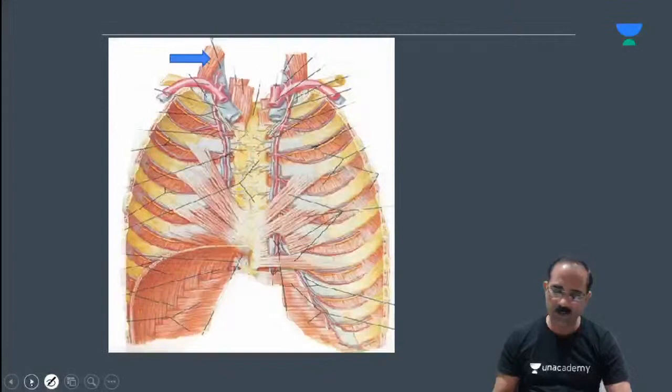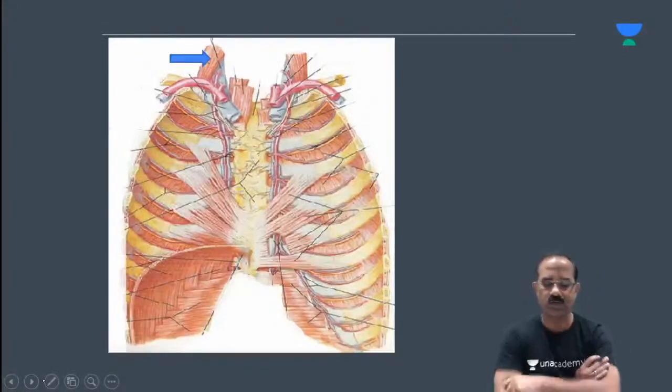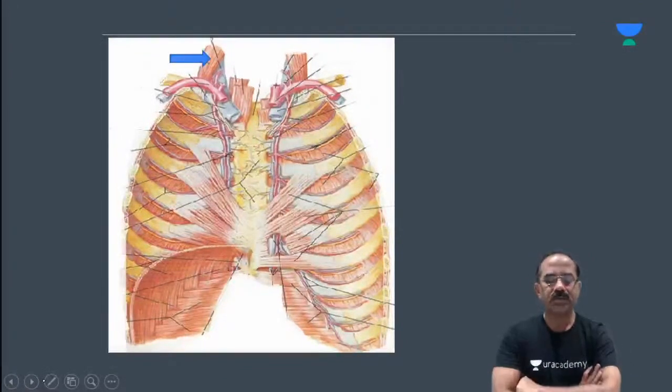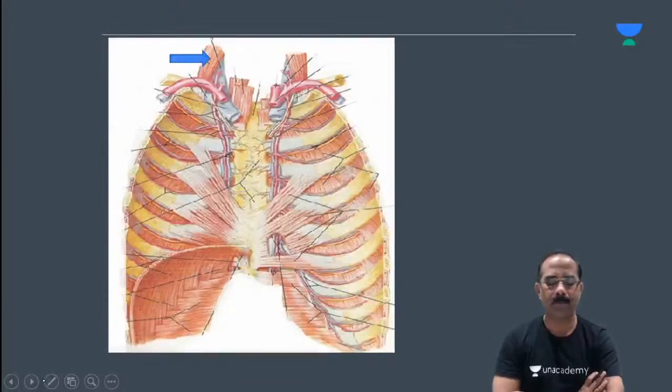Come on, we'll go to the next MCQ then. Identify this pointed structure. Students, come on, identify. Anyone?